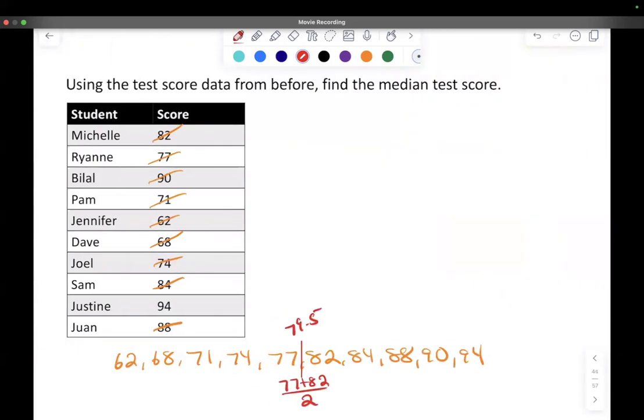So for example, back here, the mean was 79 and my median is 79.5. I would absolutely say that one's bell shaped because those are so close to each other. Now, if my median was 84, then I would say that it was skewed. But because they're really close, I'm going to say that that's symmetric, that that's bell shaped.